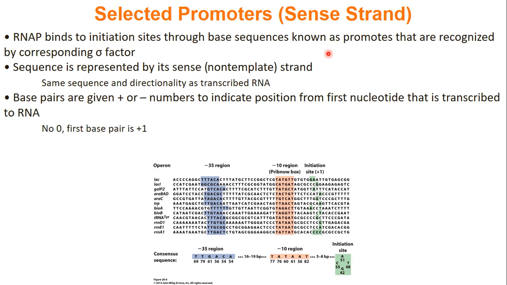Now let's look at the promoter sequences that are in the sense strand. The RNAP will bind at these initiation sites that are promoters, and certain sigma factors will recognize certain promoters better. Our non-template strand, our sense strand, is where we get our actual sequence from.